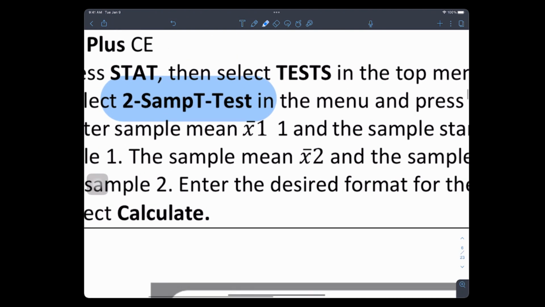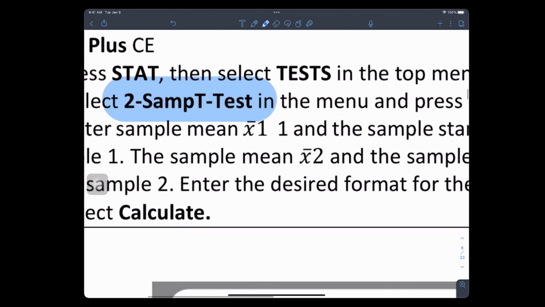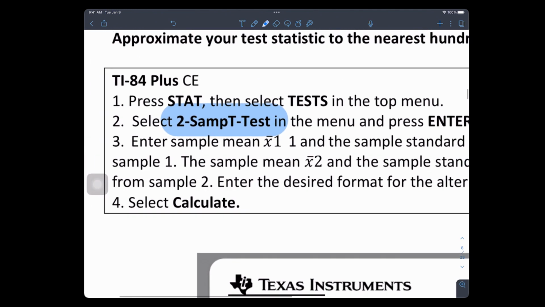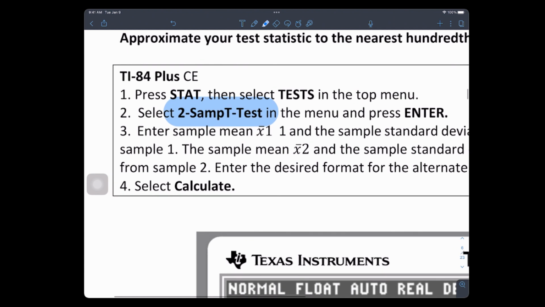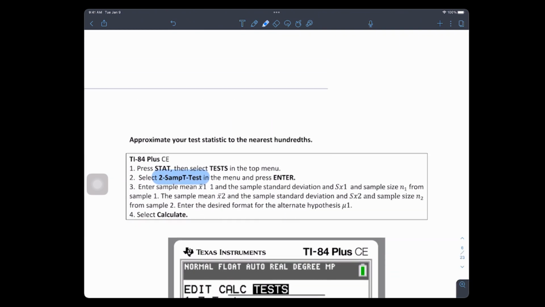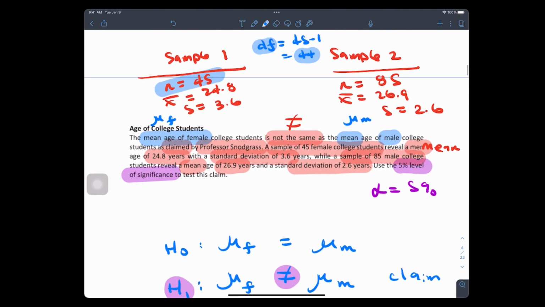Now you say, why t? Because it's 2 means. And if you say, what's the real technical point? The real technical point is that the population standard deviations are unknown, which is realistic. So that's why I use the s. Anyway, you're going to enter this information from the sample. We already wrote down sample information right up here.